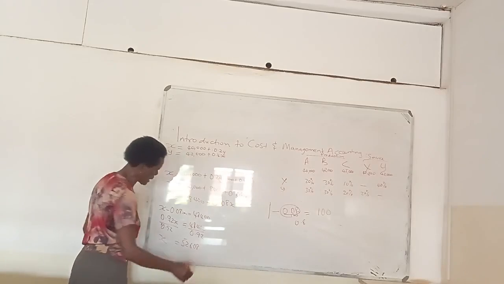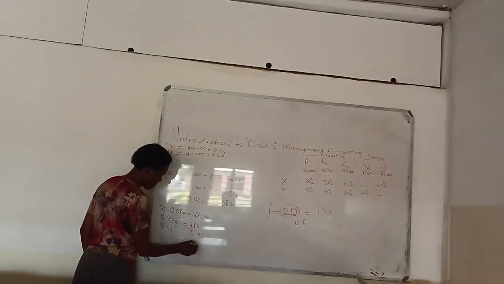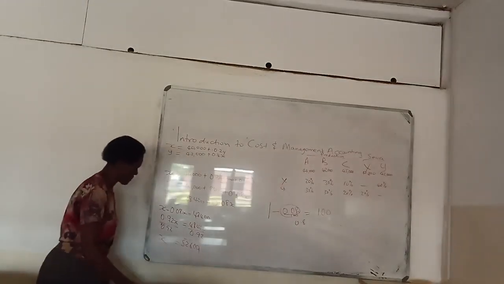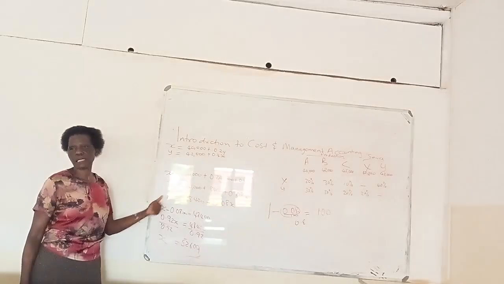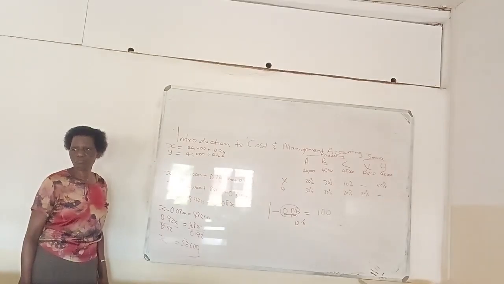To the nearest whole number is what? 9. So this is the value of what? x. Is it difficult? No. It's just unfortunate that we are not going to meet after end of semester exams.